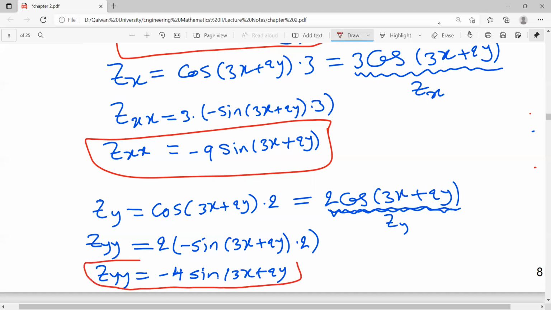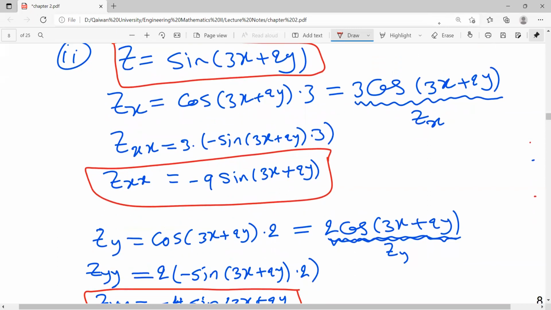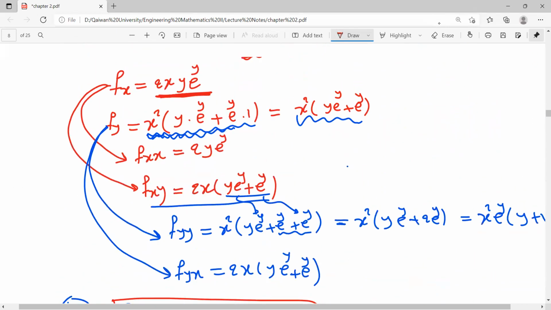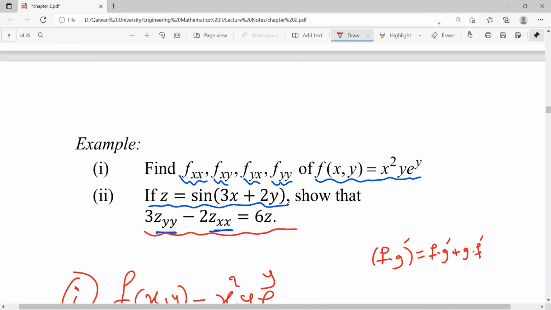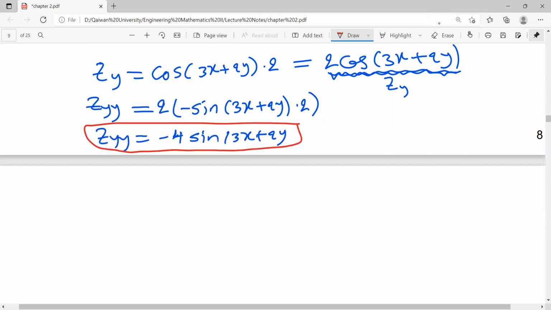So we now have z sub xx and z sub yy. We substitute these into the given equation. 3z sub yy minus 2z sub xx equals 6z.